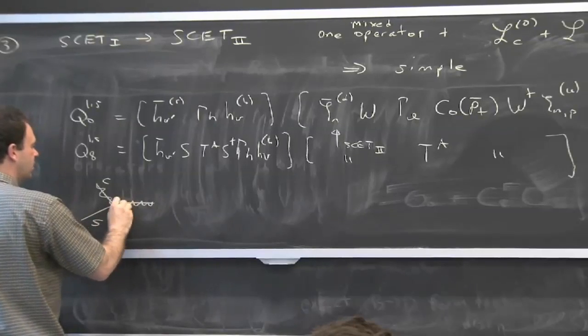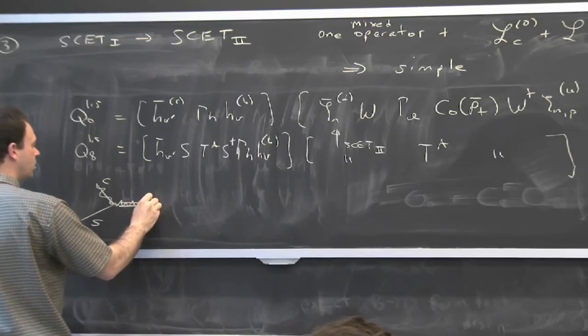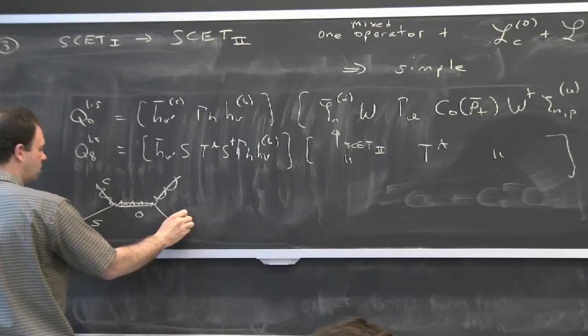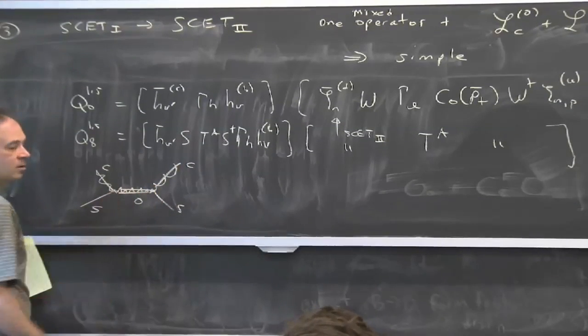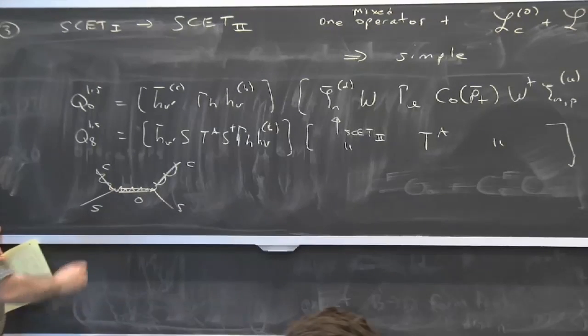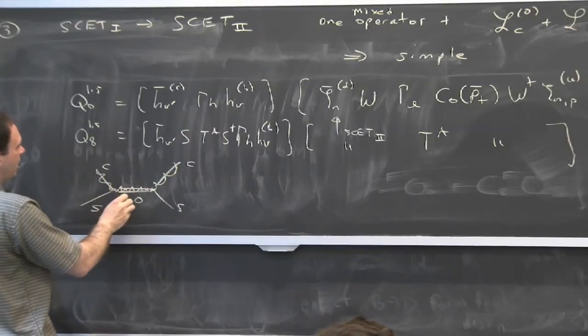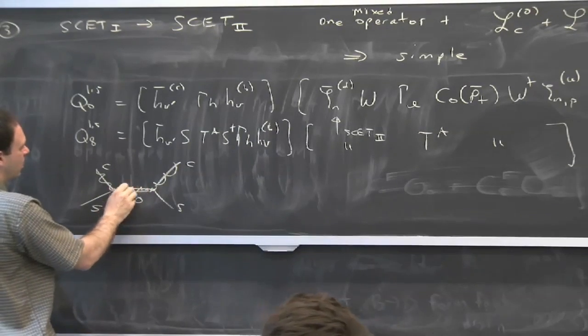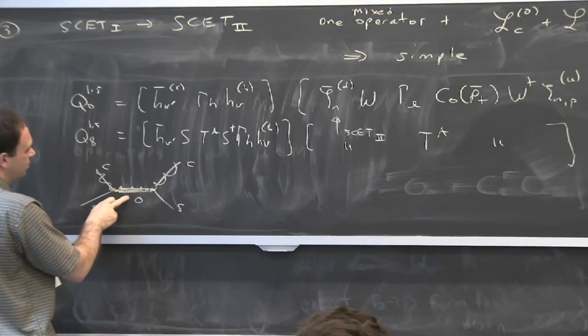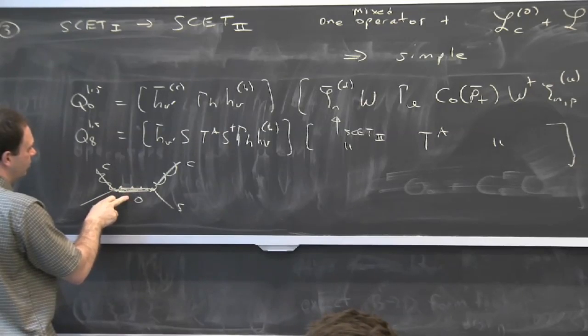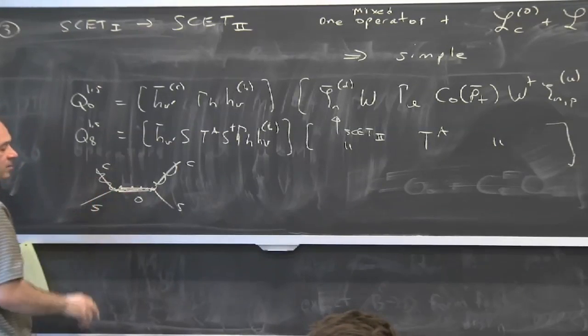Some off-shell field, O, say like this. So this is a T product of two things, rather than just one thing, that mix soft and collinear. And this field here is an off-shell field that would be a product of the plus and minus momentum of these guys.